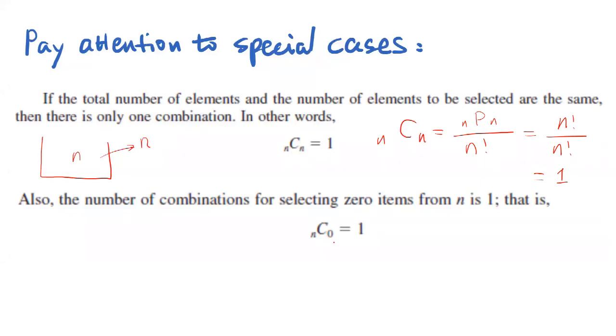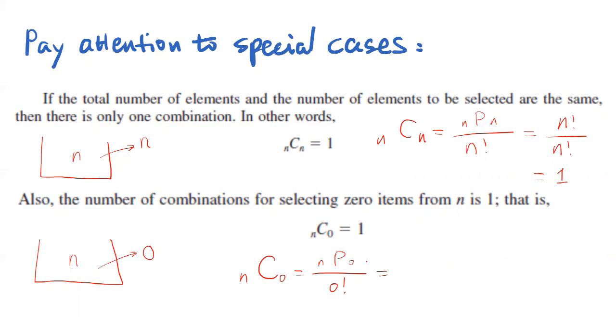Okay, the second special case is Cn0. That means you have a jar of n elements and you pick 0 elements out. How many ways can it be done? There's only one way, which is to pick 0 elements from the n elements in the jar. Or you can use the formula. Cn0 is Pn0 divided by 0 factorial.